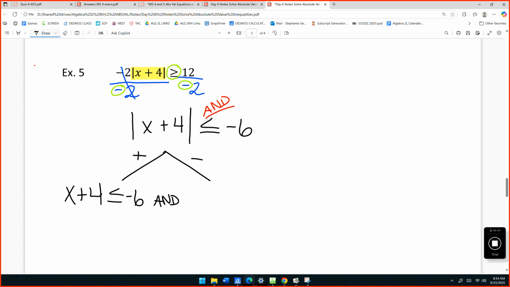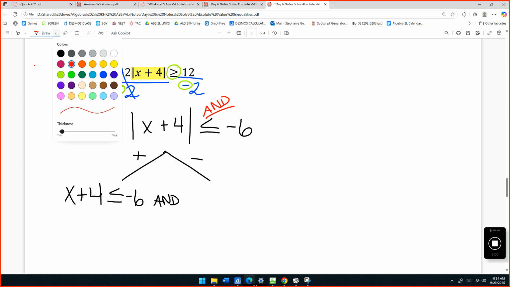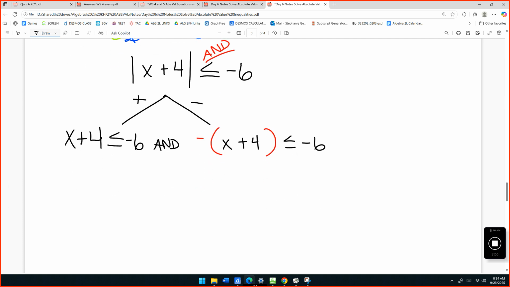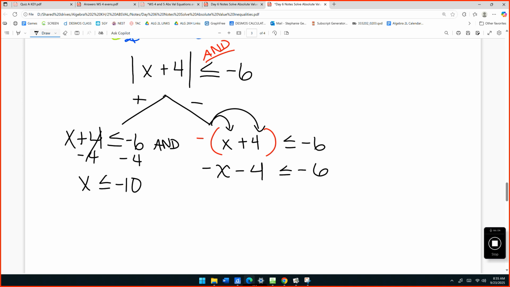And this guy, negative x plus 4 is less than or equal to -6. Okay, and math is going to let us keep going. So I have x is less than or equal to -10 over here. Distribute my negative on the right side: negative x minus 4 is less than or equal to -6.